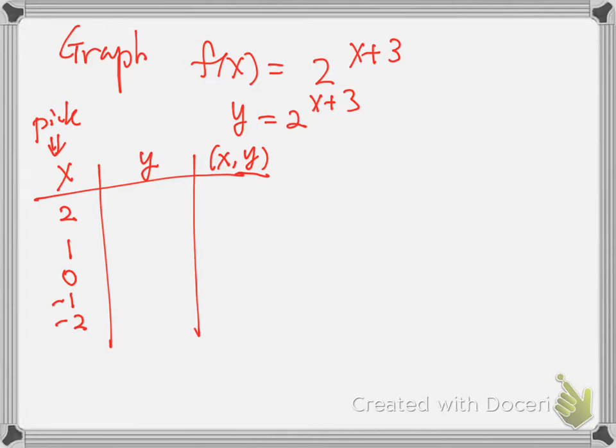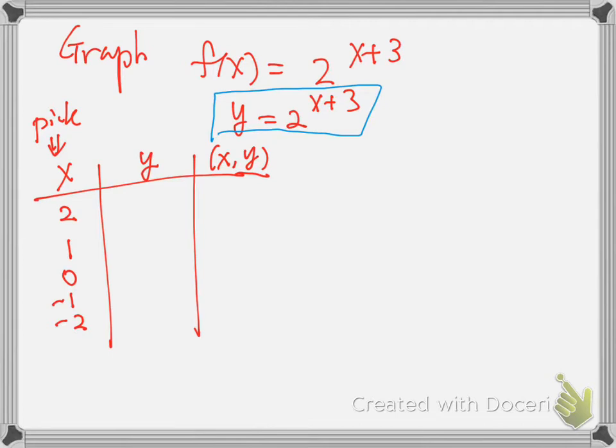Later for the log function, we will pick values for y, and I'm going to do 2 examples. And then we use this formula to find the corresponding y for each particular x.